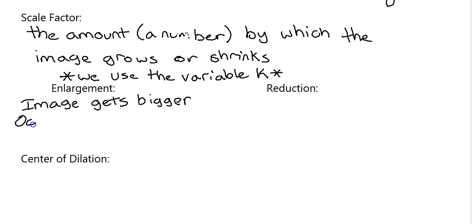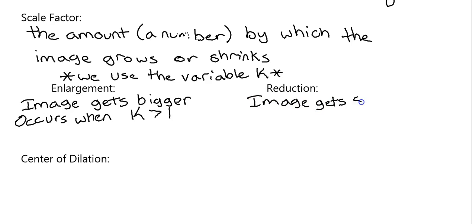And that occurs when k is greater than 1. So if your scale factor is greater than 1, your image is getting bigger. Then we have a reduction, which is where the image gets smaller. And it occurs when 0 is less than k, which is less than 1.